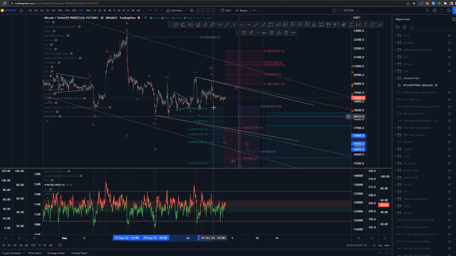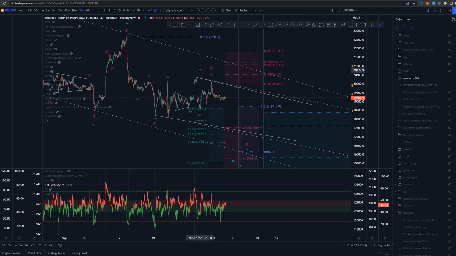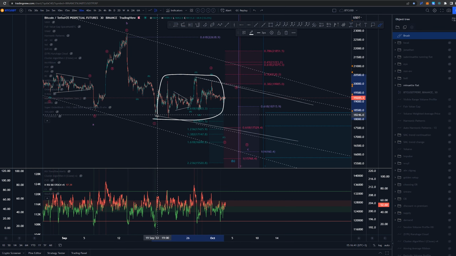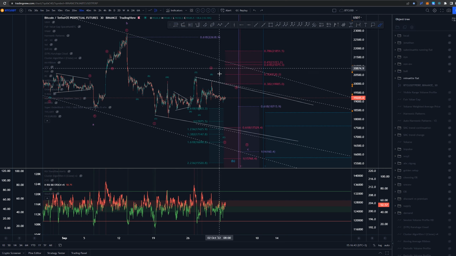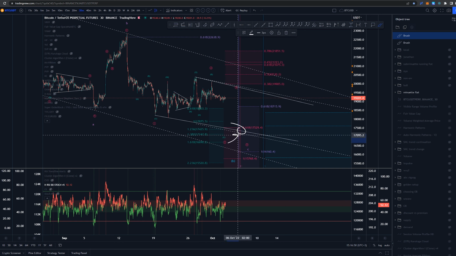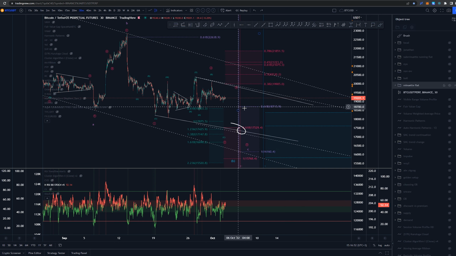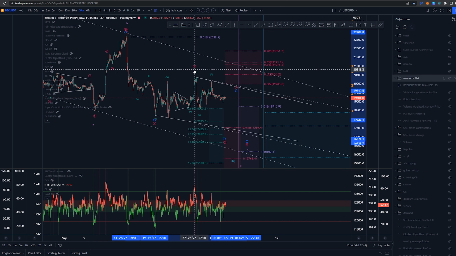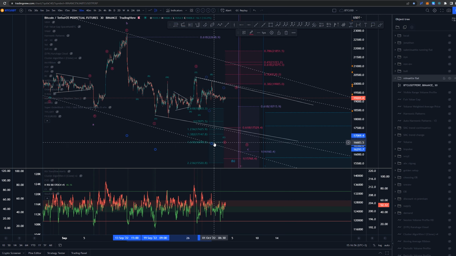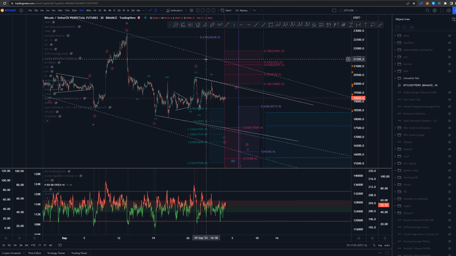Sure, the wave 2 is kind of large compared to this wave 1, at least in time, of course not in retracement or price value, but we still would get some more time for wave 3 to get here too. So I feel like this is still much of a possibility, so we have to keep both options open for now.